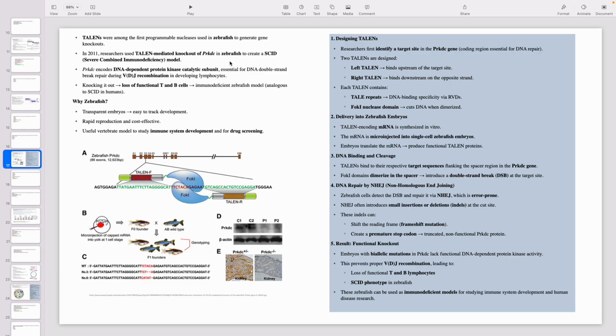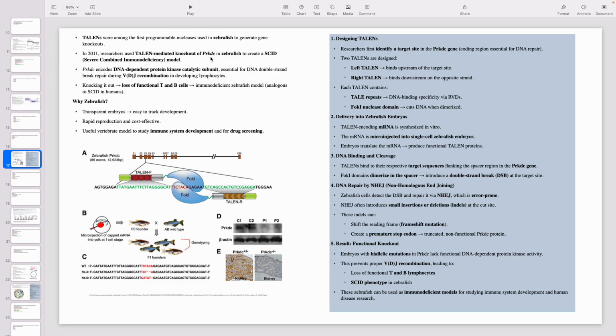The knockout of this particular gene PRKDC creates the SCID model of the zebrafish, which is the severe combined immunodeficiency model. This gene encodes the DNA dependent protein kinase catalytic subunit. It is essential for DNA double stranded break repair during VDJ recombination in developing lymphocytes.